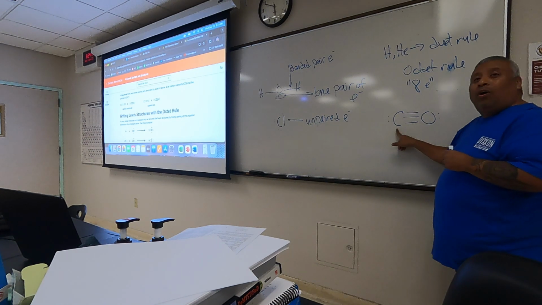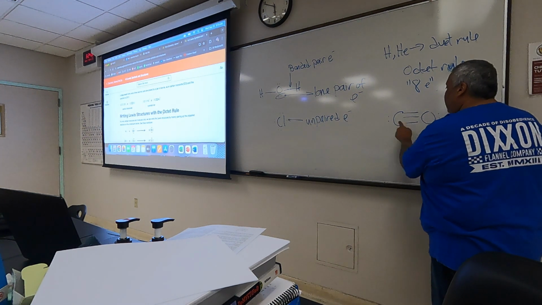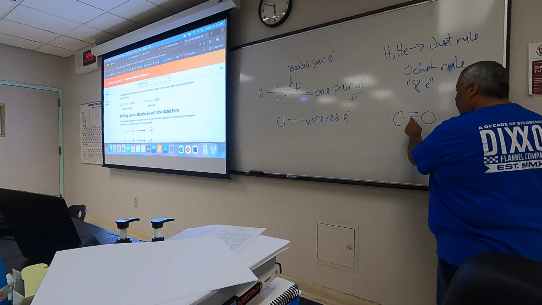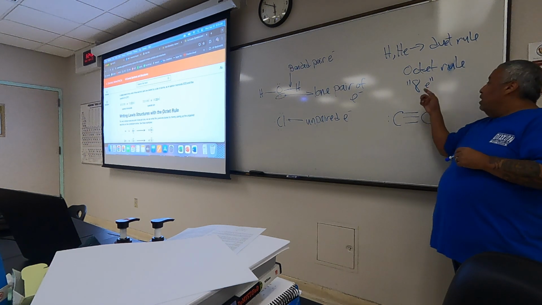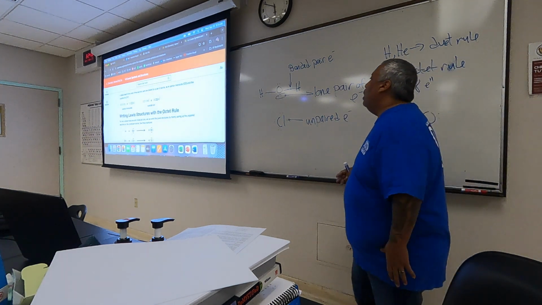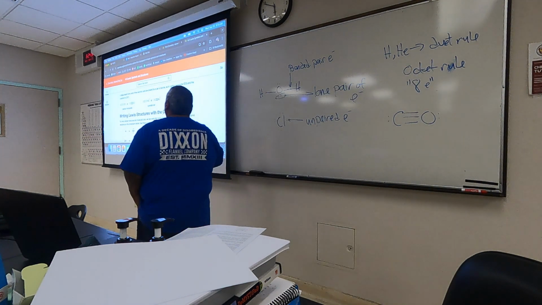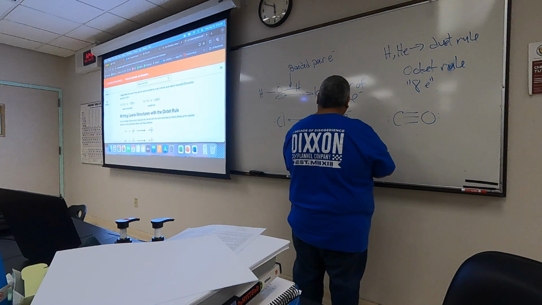So if we're counting carbon's octet, its electrons, we can say 2, 4, 6, 8. For oxygen, 2, 4, 6, 8. Because they're sharing these ones in the middle. So each one of these has filled its octet. Since they are sharing them, we can do this with, let's see, carbon dioxide.